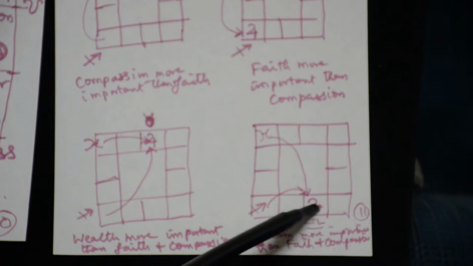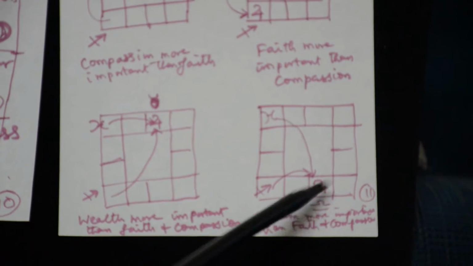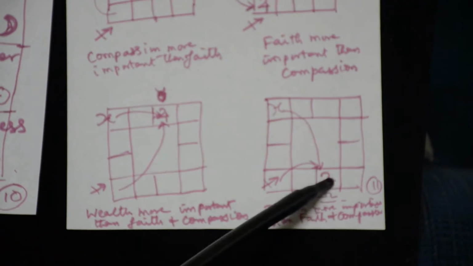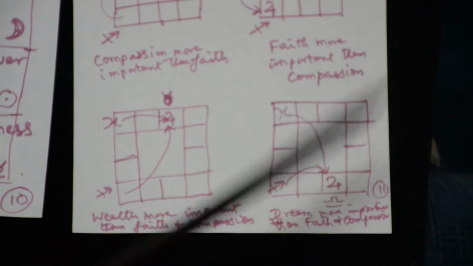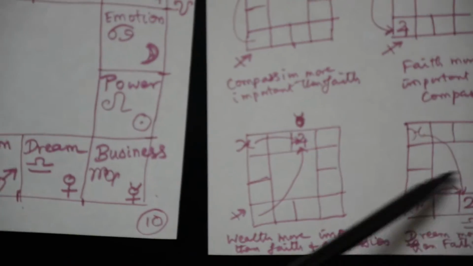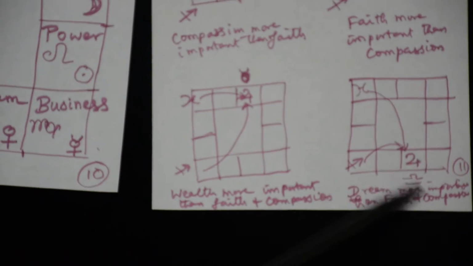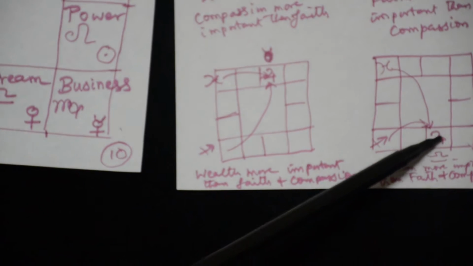So when some particular so-called planet or idea is placed in some aspect, it means that that aspect is more important than the other two, or the energy of those aspects is compromised to strengthen the aspect that is given here.